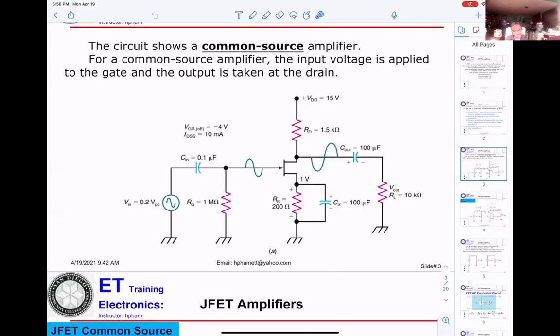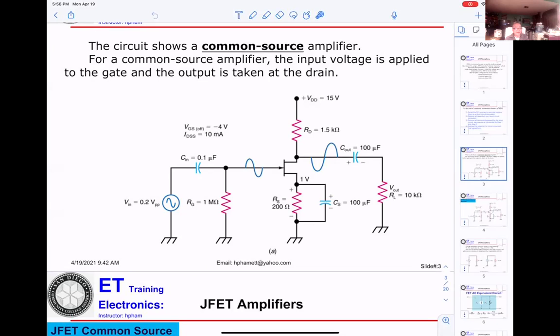Second one will be self-bias. And the next one will be voltage divider bias. You can use any bias to build the amplifier, no big deal.